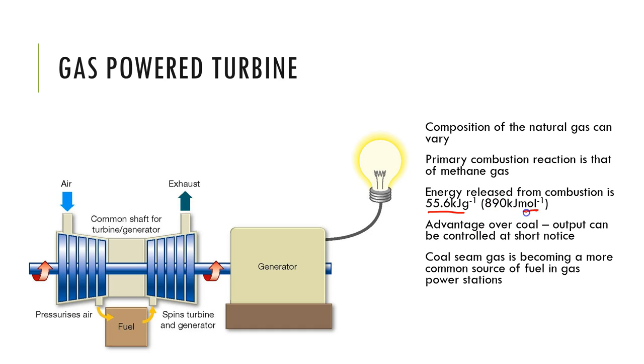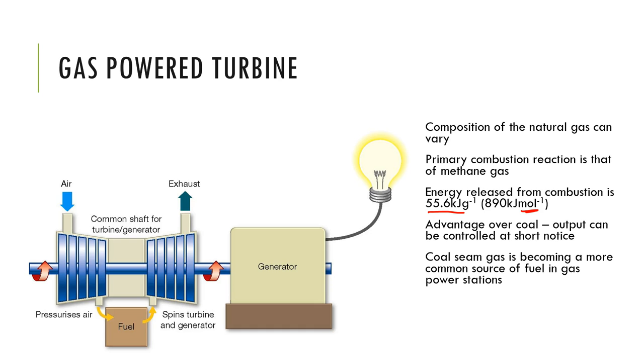We see here we've got a per mole amount because we are talking about primarily methane. This drives the turbine of the generator producing electricity. So here we just have chemical potential energy and then mechanical energy through into the generator and to electrical energy.